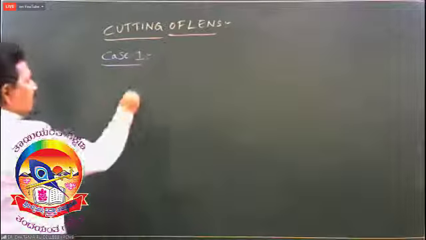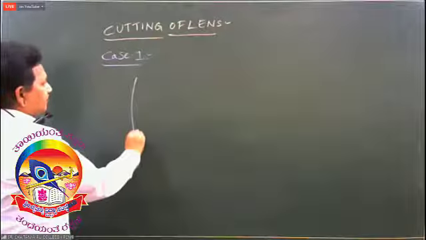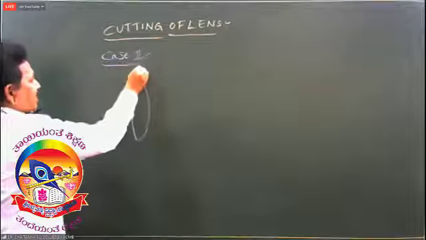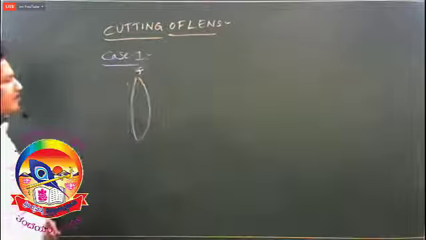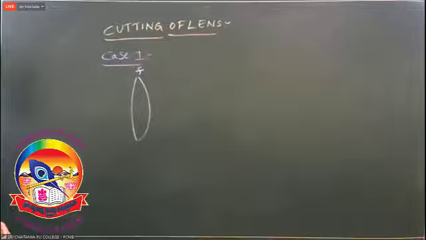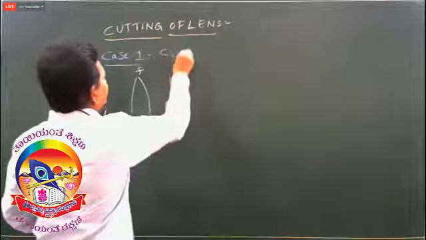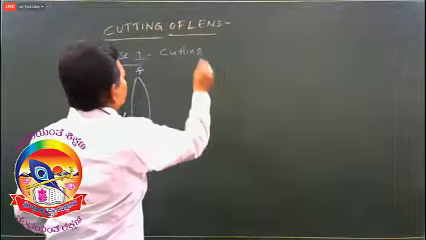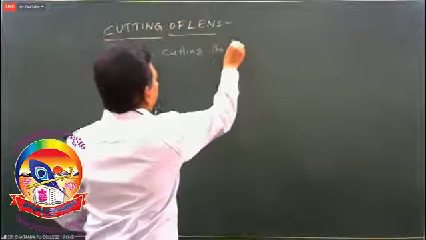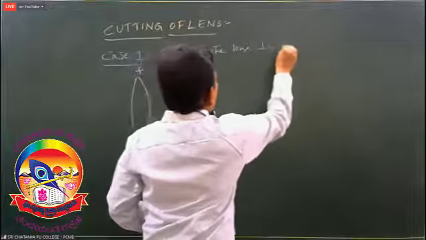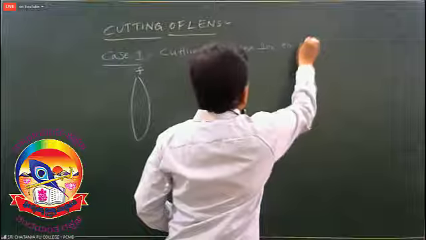This is the convex lens. The focal length is f. Cutting the lens perpendicular to the principal axis.